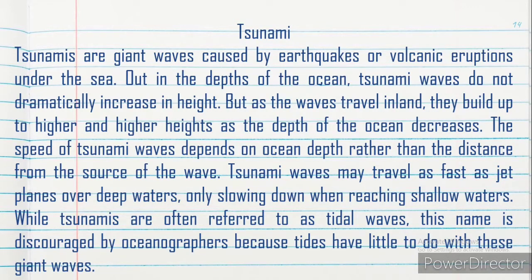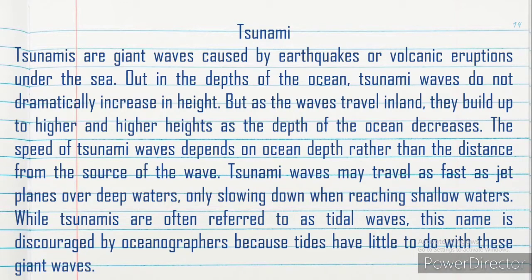Tsunami waves may travel as fast as jet planes over deep waters, only slowing down when reaching shallow waters. While tsunamis are often referred to as tidal waves, this name is discouraged by oceanographers because tides have little to do with these giant waves.